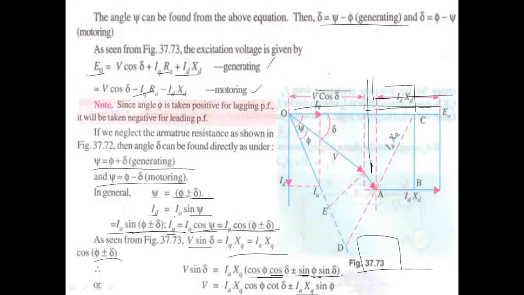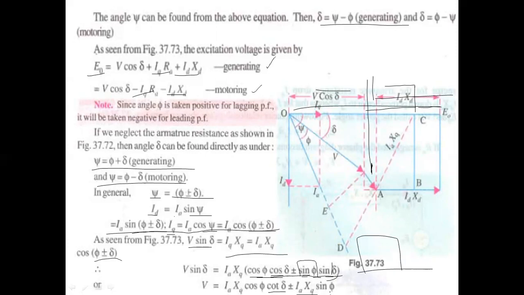Dividing this with sin gamma, cos phi cos gamma by sin gamma becomes cot gamma, since cos by sin is cot and sin by cos is tan. Multiplying again into the bracket, Ia Xq into sin gamma gets cancelled, and it is only left over with sin phi.